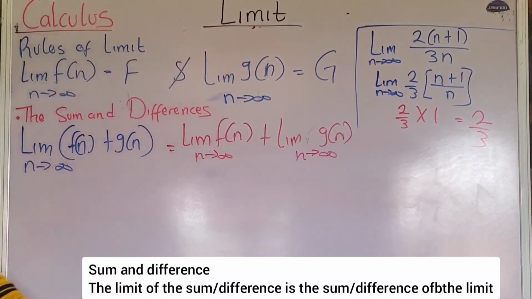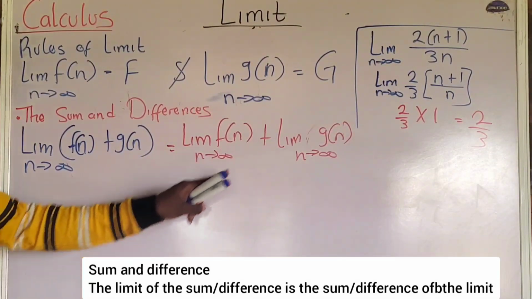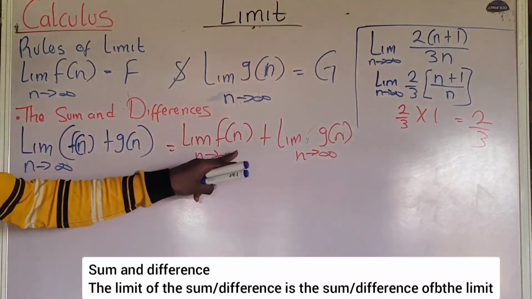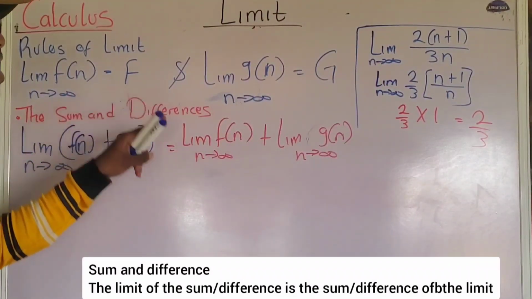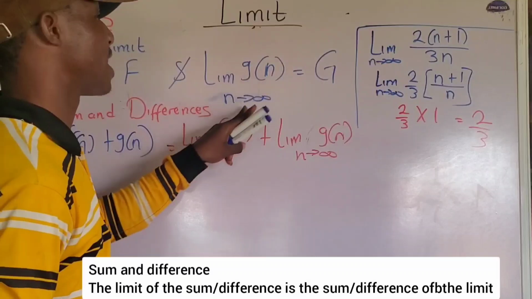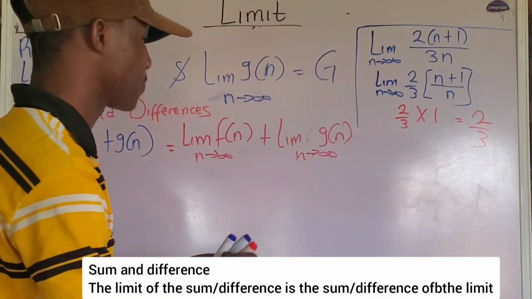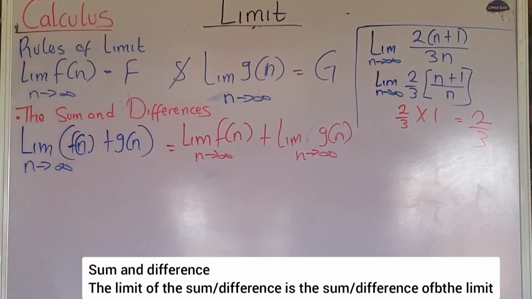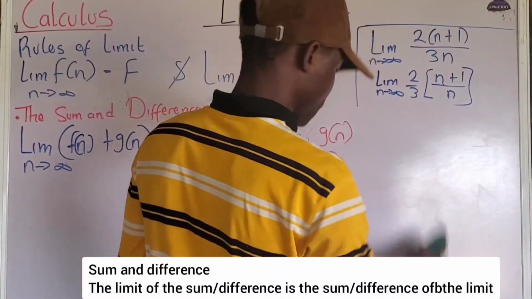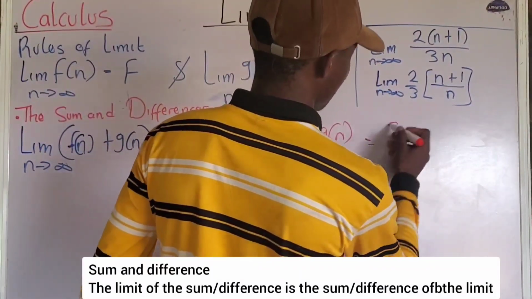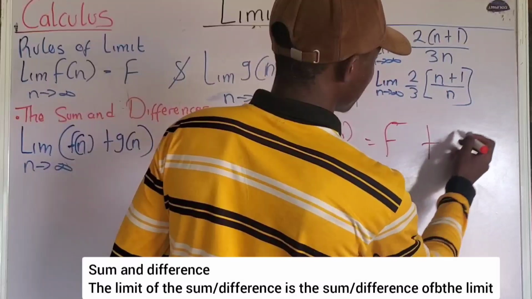So that is the basic idea behind the rule. Now, because we have already said that the limit of f of n as n tends to infinity equals f, and the limit of g of n as n tends to infinity equals g, we are going to have f plus g.